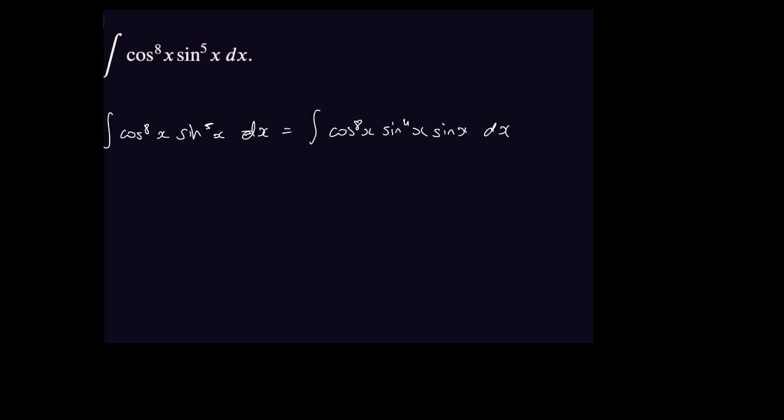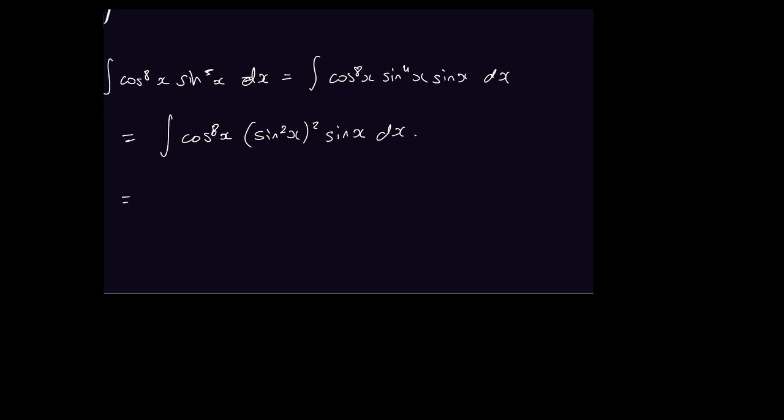As you can see, that's k minus 1, and then sin x. That then equals the integral of cos 8x times sin squared x squared. We've converted it into sin squared x form, times sin x dx.